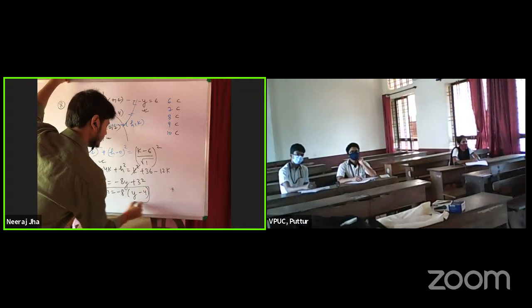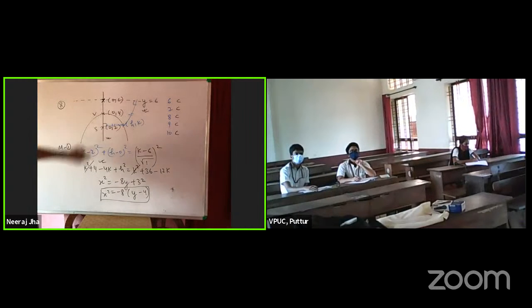Initially we understood this parabola will be something like this, x square is equal to minus 4ay type, and this will be the parabola. And we have found this equation using the basic definition. I have not solved it using any other method. I just solved it using the basic, fundamental method.